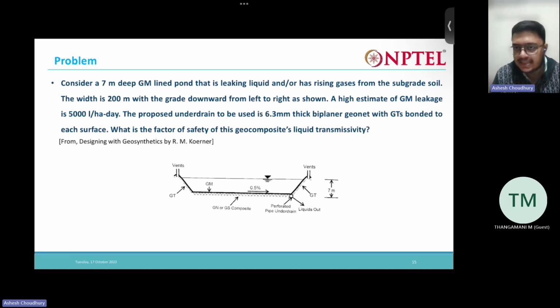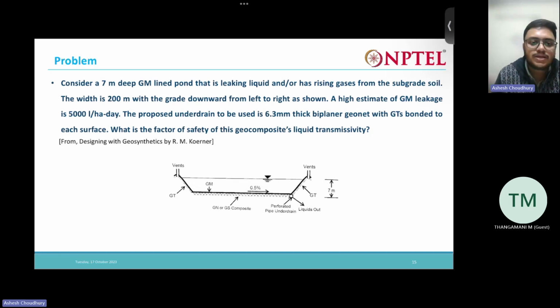So both these things can happen or any one of these things. It can leak a liquid, or it can discharge gases, or it can do both. Generally a landfill can do both also. It can leak some liquid, and it can also discharge some gases.